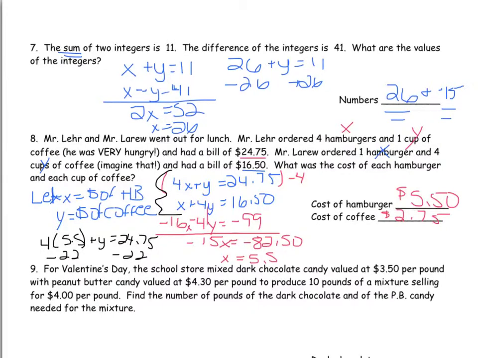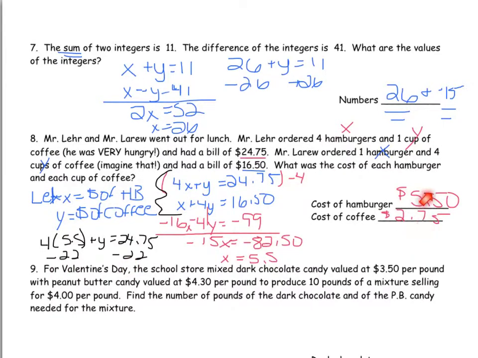My y is canceled, and this is negative 82.50. So I divided by negative 15 to get $5.50.